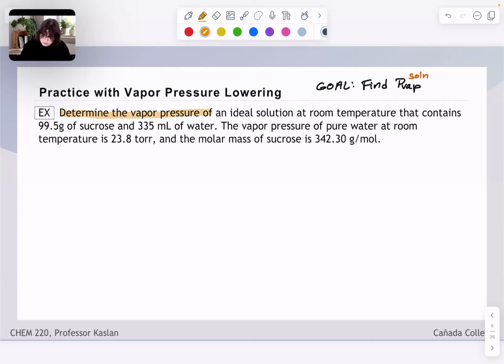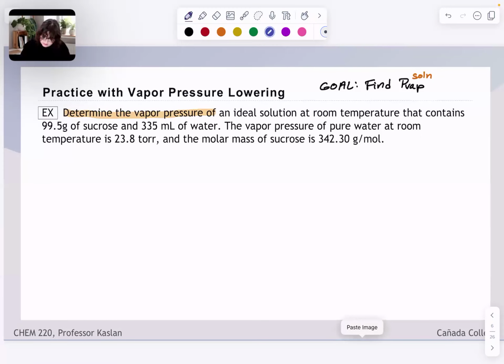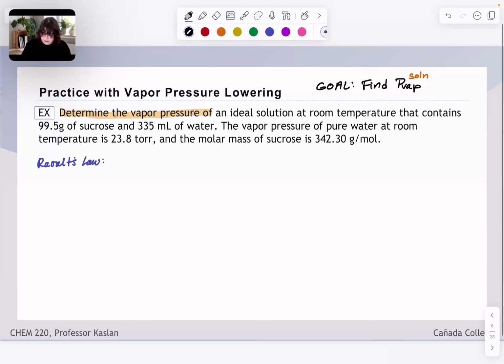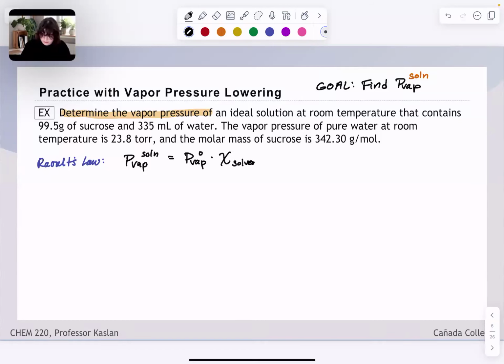So looking through this problem here, what other pieces of information can I find? How about we start with Raoult's law? Remember Raoult's law, which is what models our vapor pressure lowering in an ideal solution, says that the vapor pressure of solution is equal to the vapor pressure of our pure solvent scaled by, or multiplied by, the mole fraction of solvent that's present in solution.